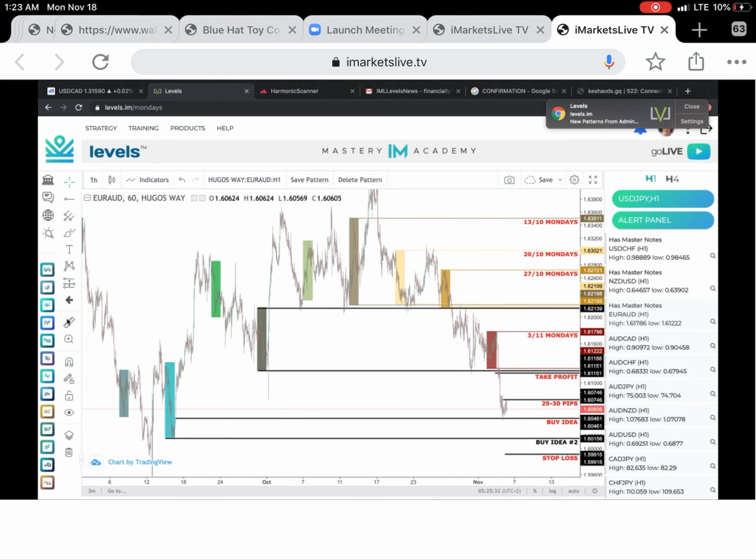So even if it comes down here, so the 27 pip stop. So you might be able to take it back up to your original for like 50 pips.